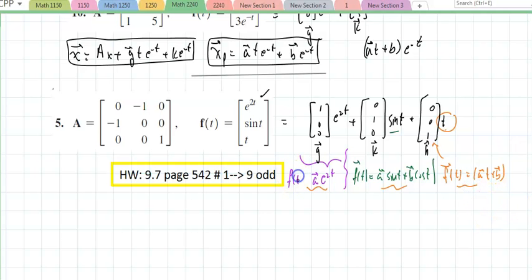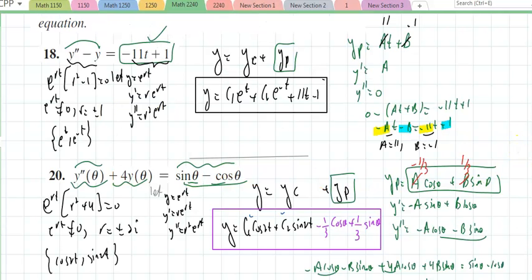So you could do this individually, work it out, this individually, work it out, this individually, work it out, and sum the answers just like we did back in, I forgot what section it was. Was it 3.5, 4.5? Let me see. 4.5, superposition.